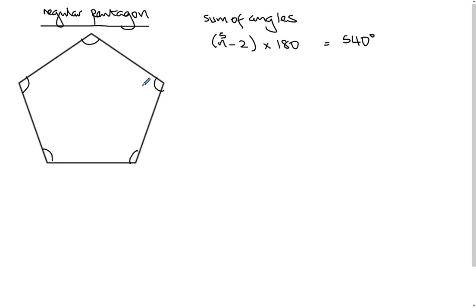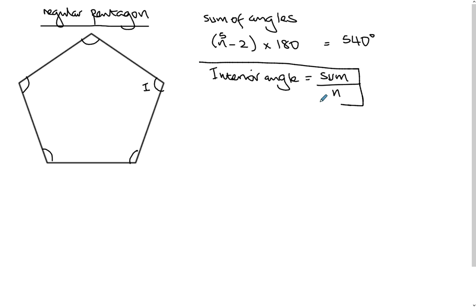So each interior angle here will be, you've got 5 of them, which is exactly the number of sides as well. So every interior angle will be the sum of your angles divided by your number of sides.